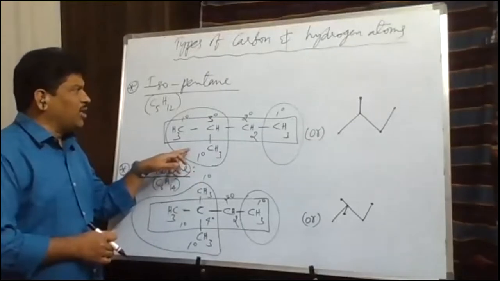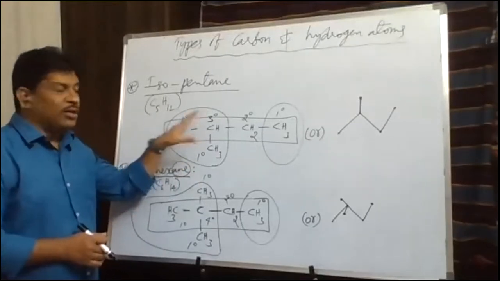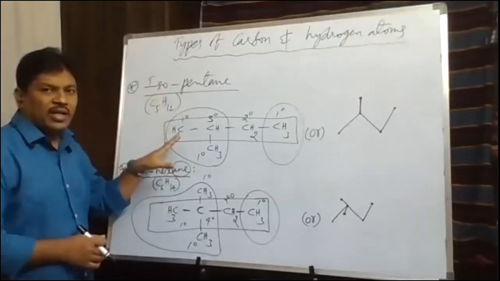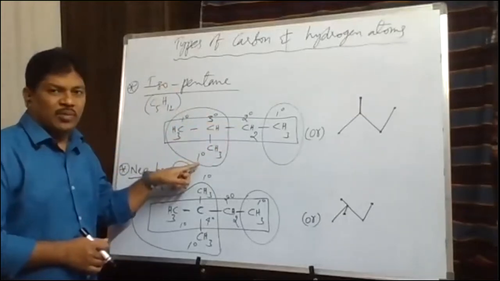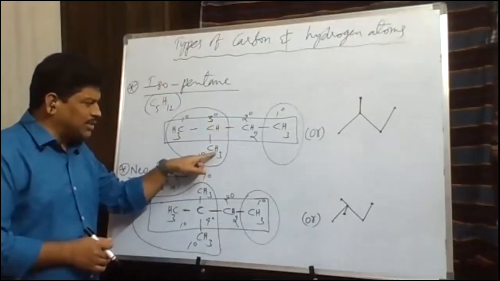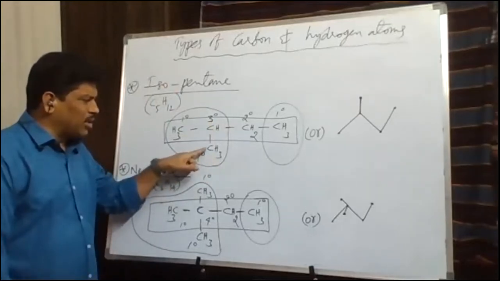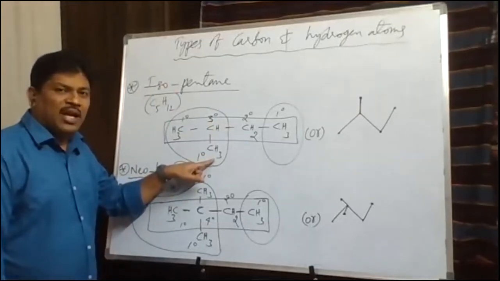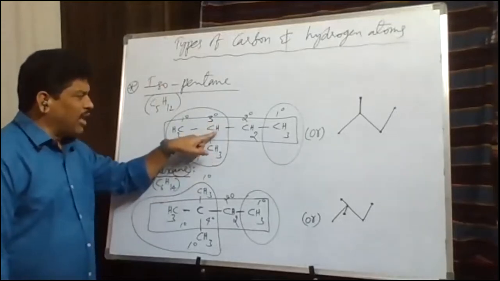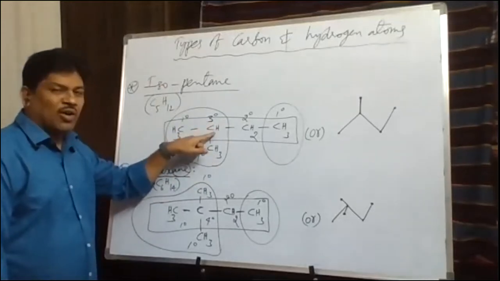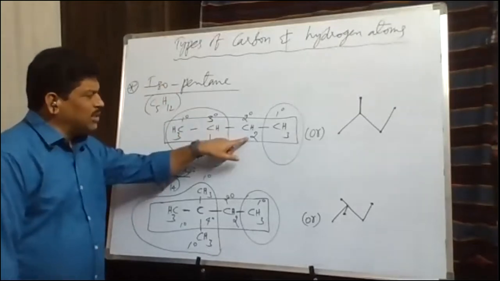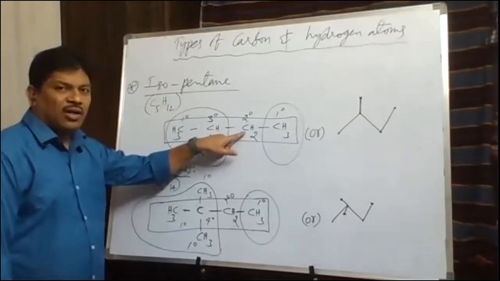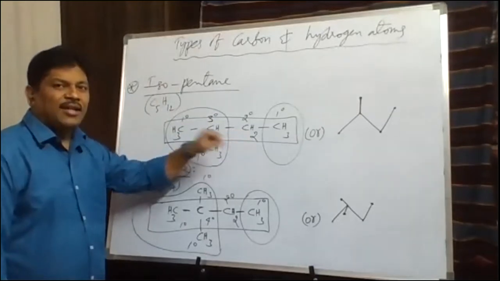And the next thing we have to understand is that in isopentane, 3 degree carbons are available, 2 degree carbons are available, and 1 degree carbons are available. So here these 3 hydrogens present on a 1 degree carbon are called primary hydrogen atoms, this 1 hydrogen present on a 3 degree carbon is called tertiary hydrogen, and the 2 hydrogens present on a 2 degree carbon are called secondary hydrogens.